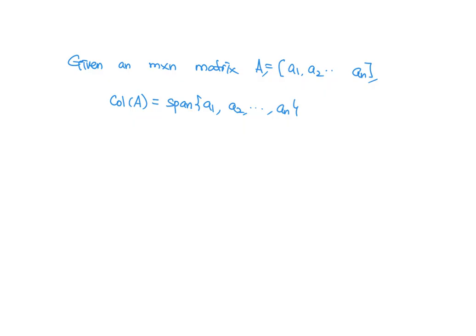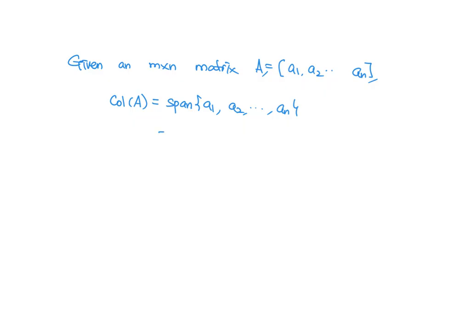So if a non-pivot column can be written as a linear combination of the pivot columns, Theorem 7 tells you that. So I can remove those non-pivot columns when I generate this column space.